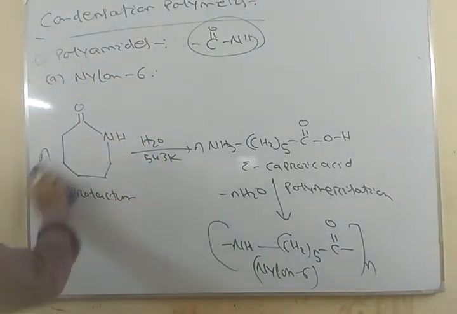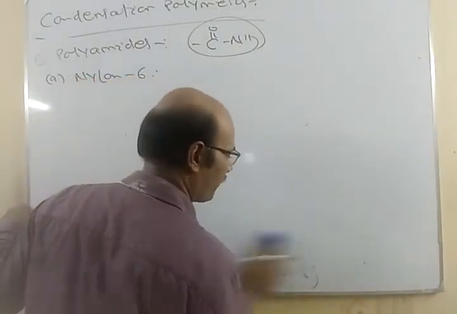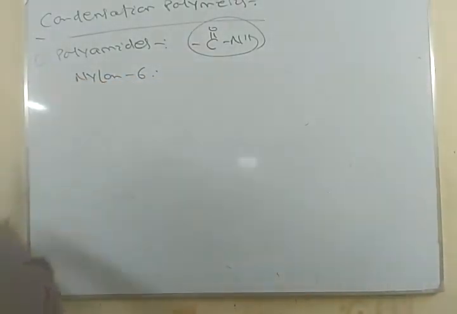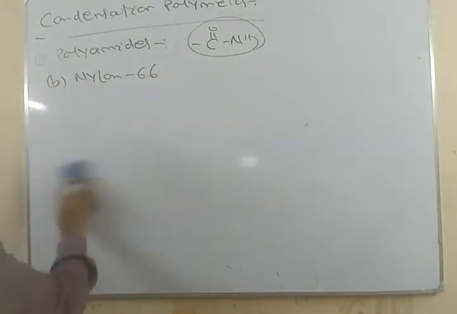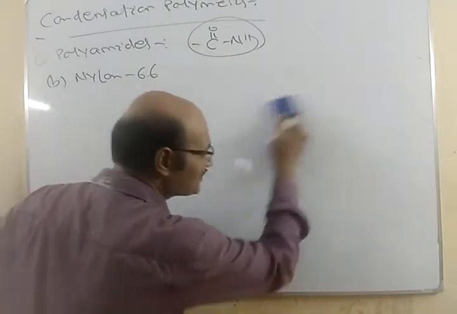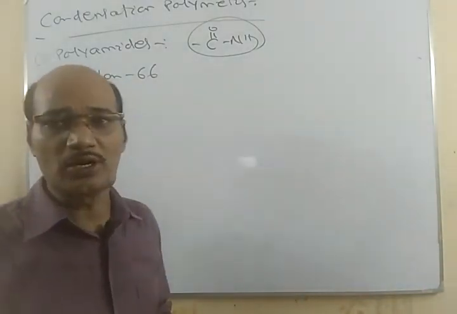Now nylon 66. Here nylon 66 is obtained by the combination of two monomer units.